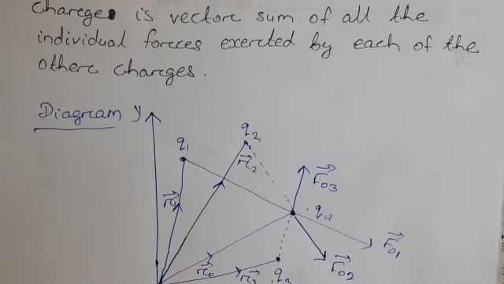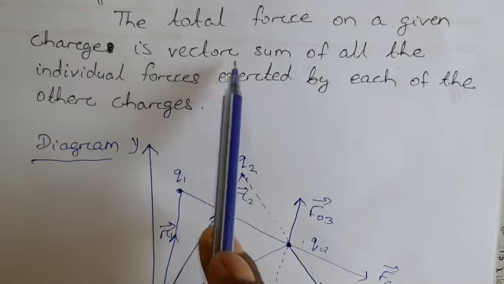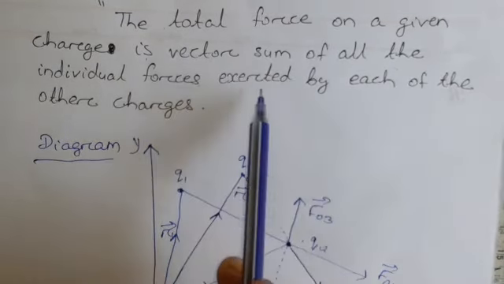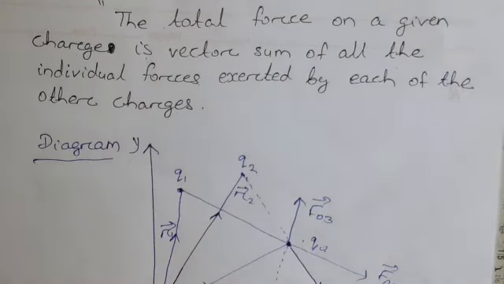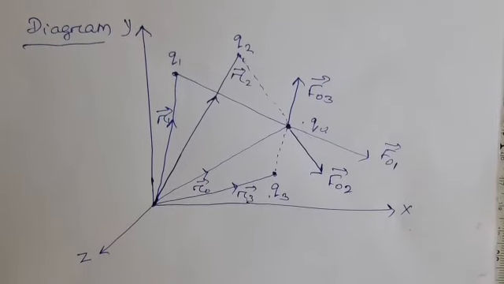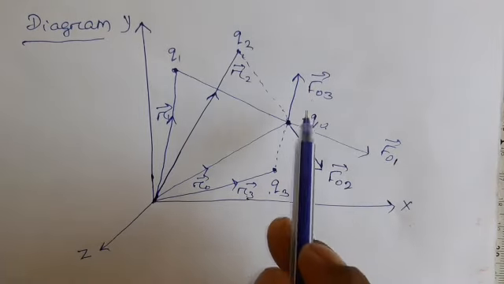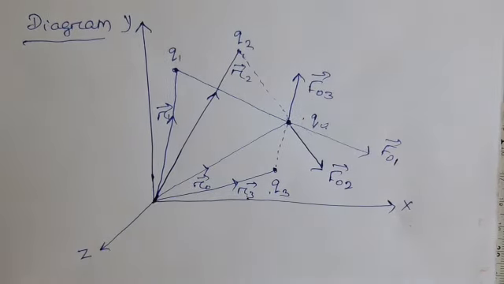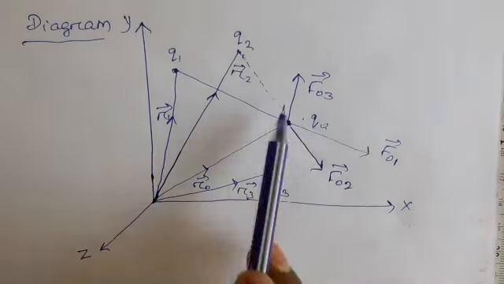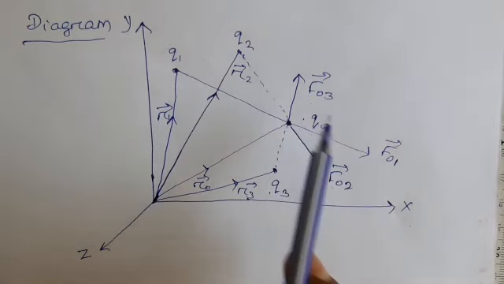The total force on the given charge is the vector sum of all the individual forces exerted by each of the other charges. That's why the total force on Q naught is the vector sum of all the individual forces, that is F01 force, F02 force, F03 force. This is the vector sum, not the algebraic sum or scalar sum. The vector sum of all the forces means the force on Q naught is equal to the resultant of 3 forces, F01, F02 and F03.